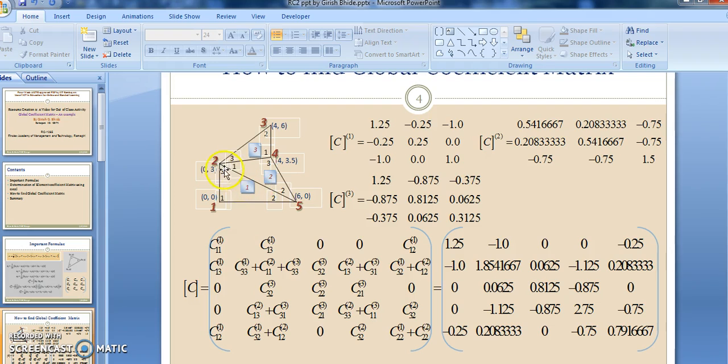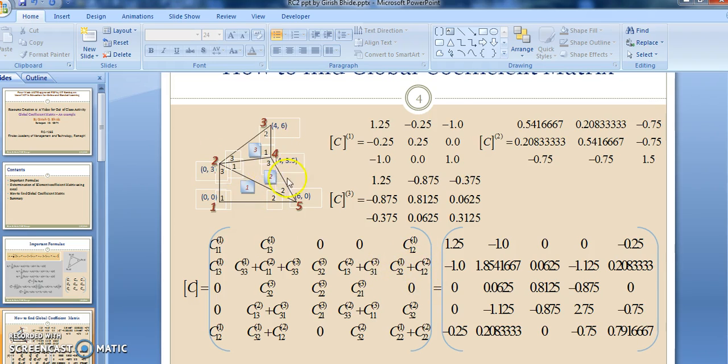So we are supposed to find out the relation between global node number 2 and global node number 5. There are 2 elements involved, element number 1 and element number 2, and hence the terms contributing are C32 of 1 plus C12 of 2 as shown over here.